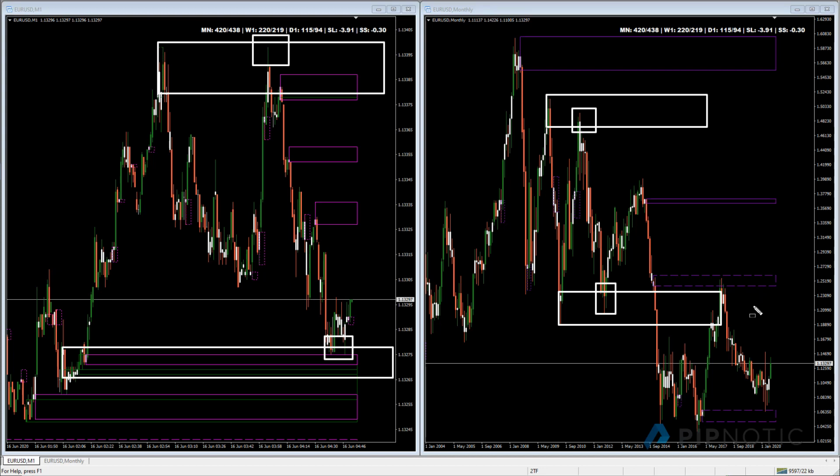And if we look at this now, you can see this is the euro American dollar price. We had an origin, price returned to the origin. What does that mean? Well, that means what happened last time price returned to an origin. Last time price returned to this origin, it went on for thousands of pips.